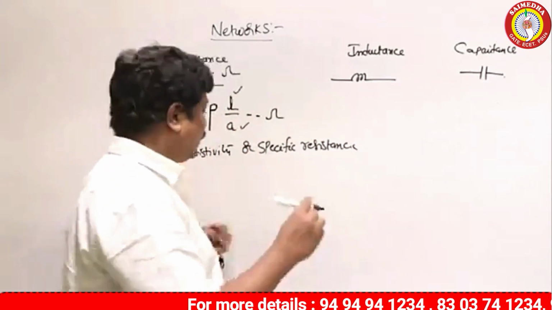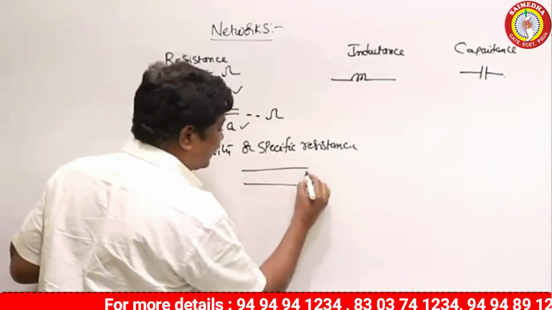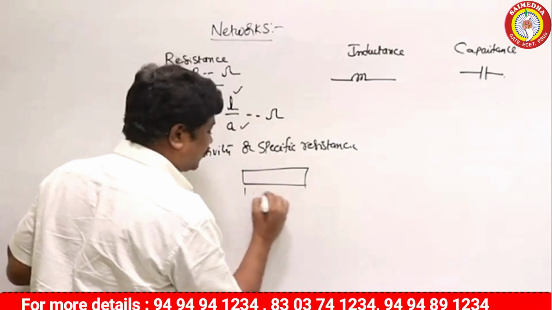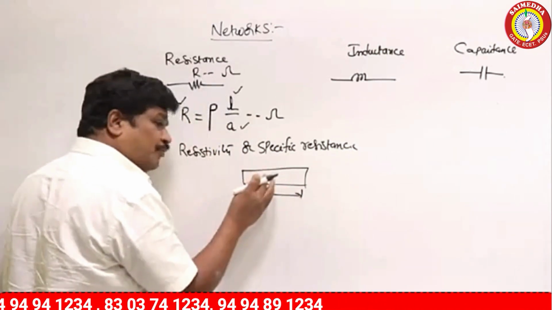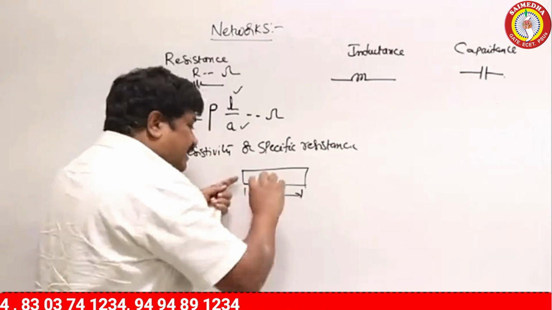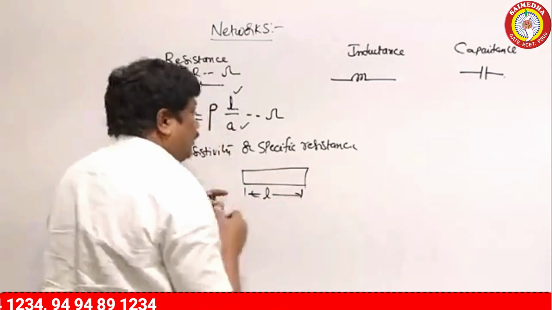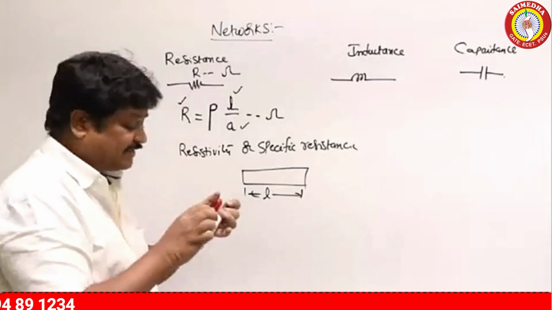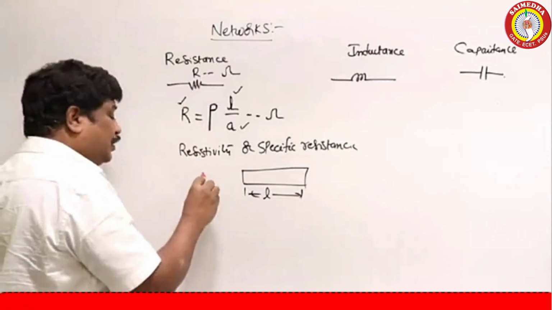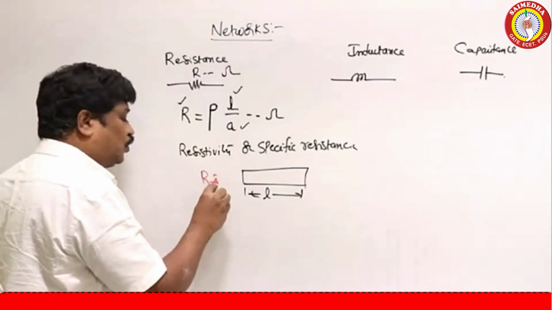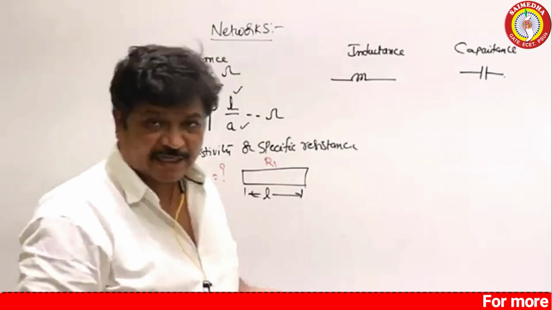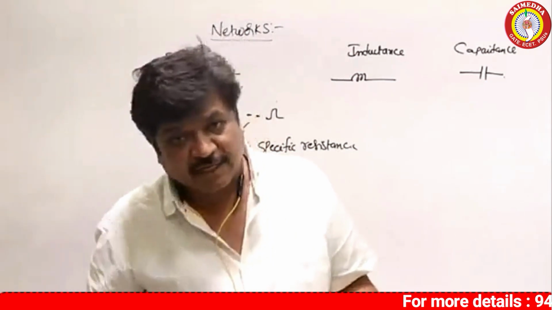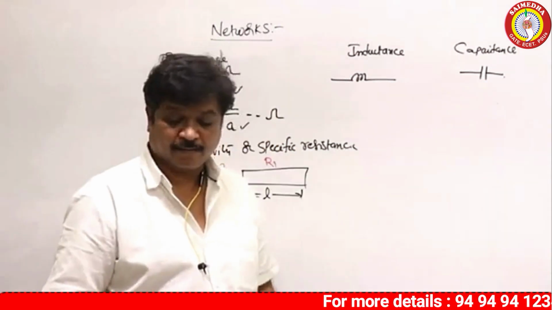Suppose we have a material of length L. For the same volume, we make the length double. What happens to the new value of resistance R2 as compared to R1? Does it increase or decrease? And how many times?